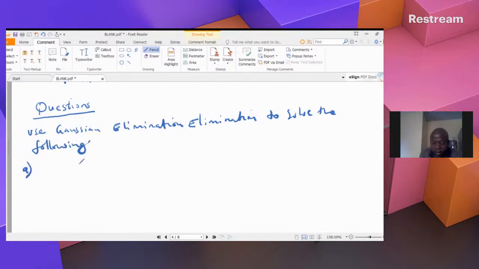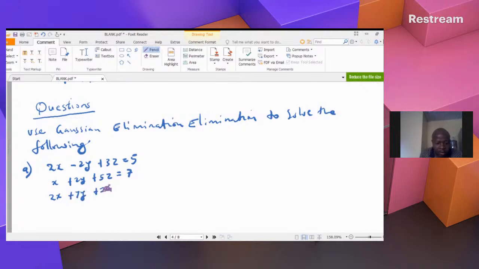Number one, I want us to solve 2x minus 2y plus 3z is 5, x plus 2y plus 5z is 7, 2x plus 7y plus 2z is 9.